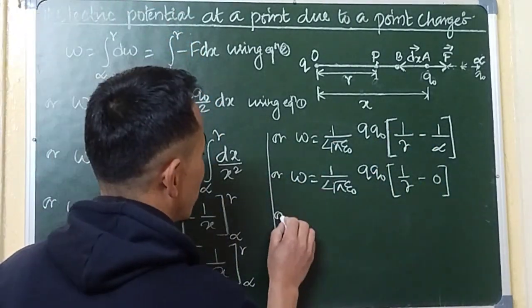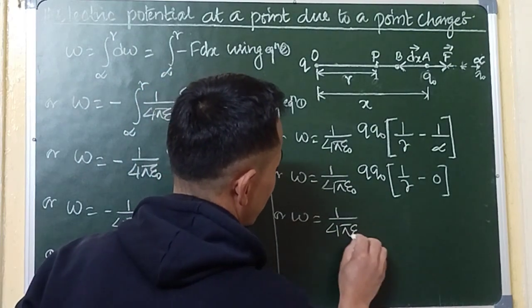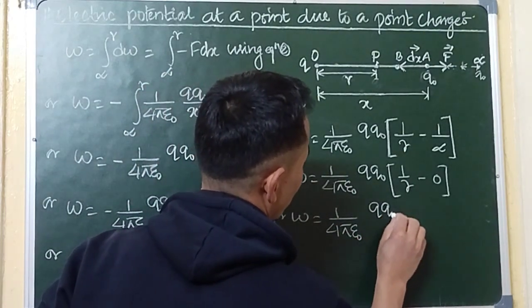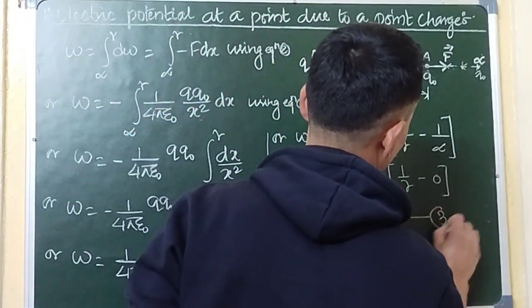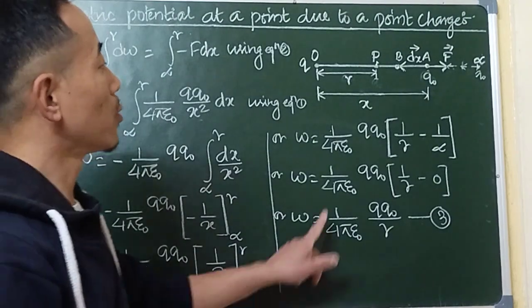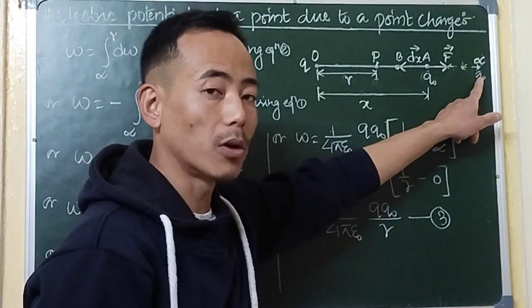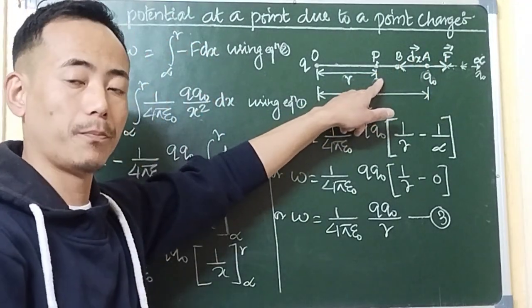So then you can multiply this. So W will become 1 by 4 pi epsilon naught q into q naught divided by r. So let this be our equation number 3. So this equation number 3 is nothing but the total amount of work done on the charge q naught when we bring it from infinity up to the point P.